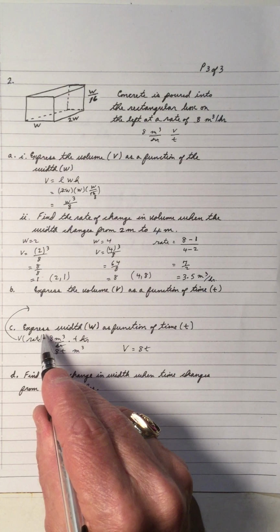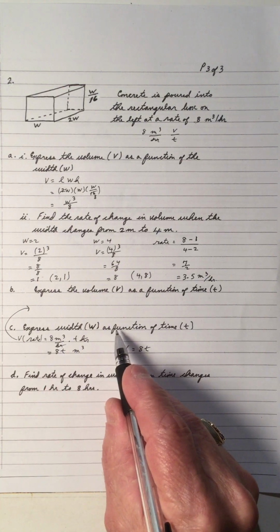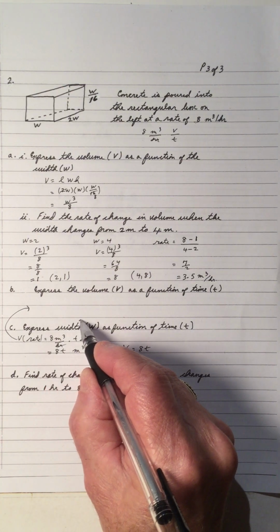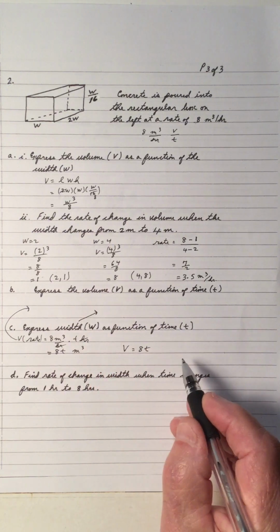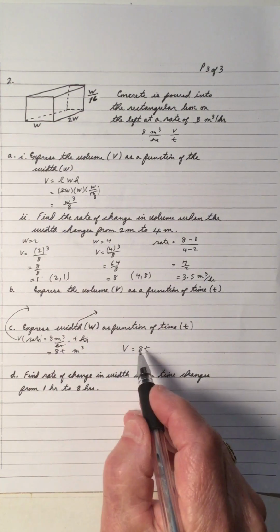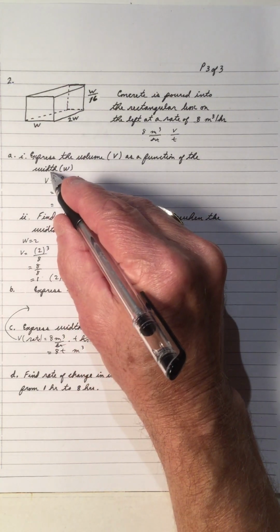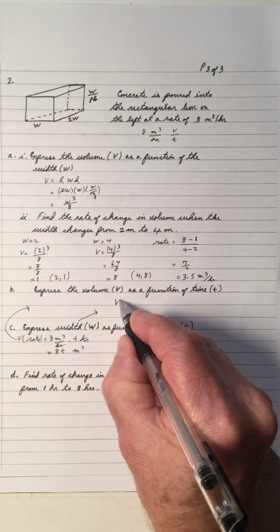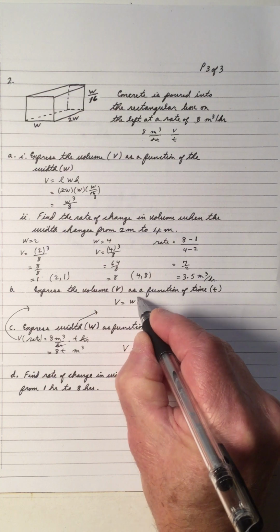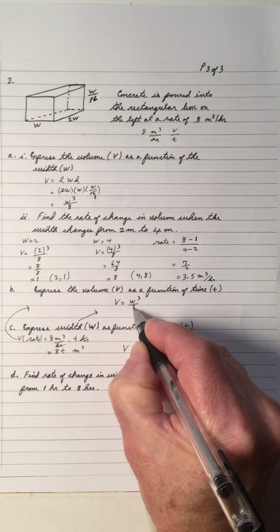Now I want to express the width as a function of time. Okay, so now I'm doing this problem. So I want the width as a function of time. Well, if you look up here, I have the volume is W cubed over 8.